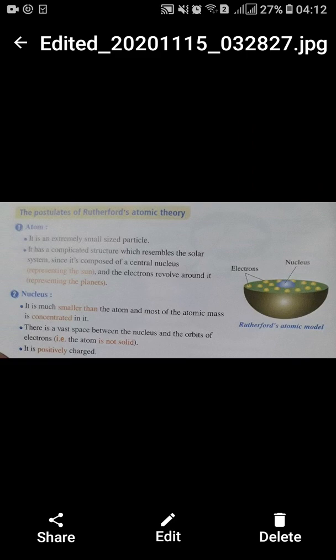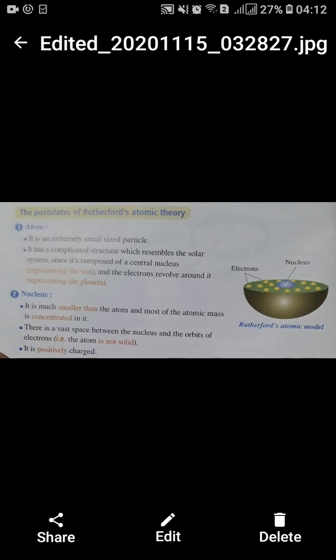What about the nucleus? The nucleus is much smaller than the atom, and the atomic mass is concentrated inside it, where we have protons and neutrons. And there is a vast space between the nucleus and the orbits of electrons.